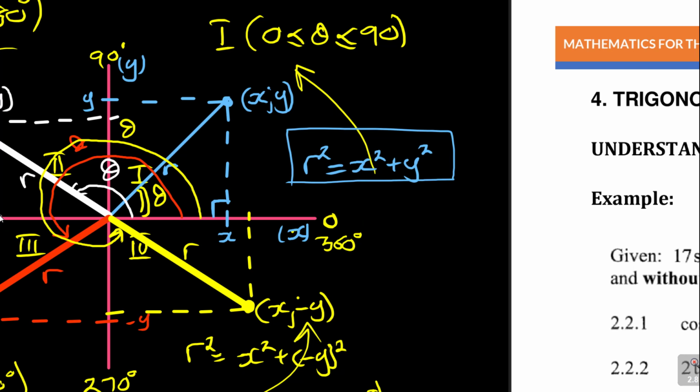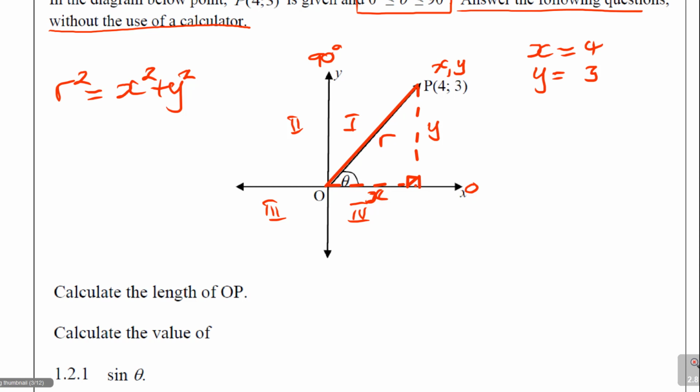So now you ask yourself, what is r squared, which in this case is OP squared, because we're looking for OP squared, is equal to x squared, which is 4 squared, always put it in brackets, plus 3 squared. I'm saying this because sometimes if there is a negative sign, some of you make an error. So put it in brackets.